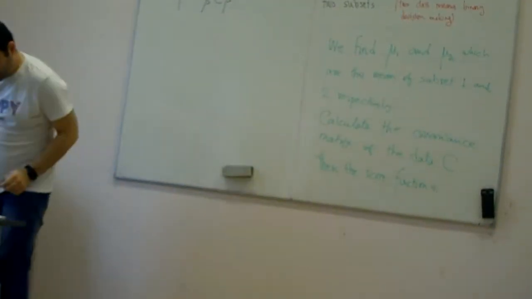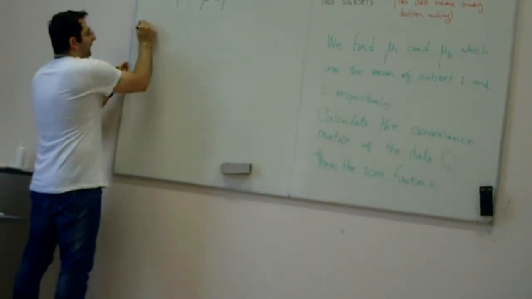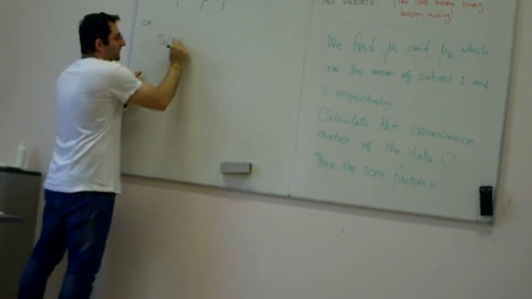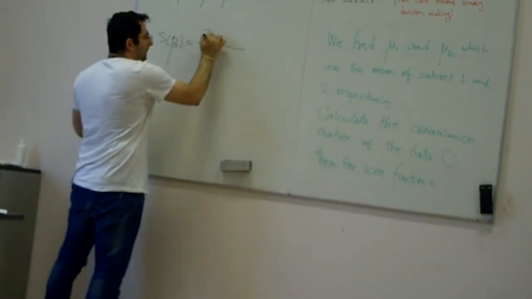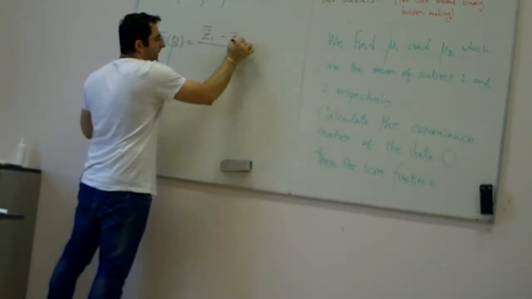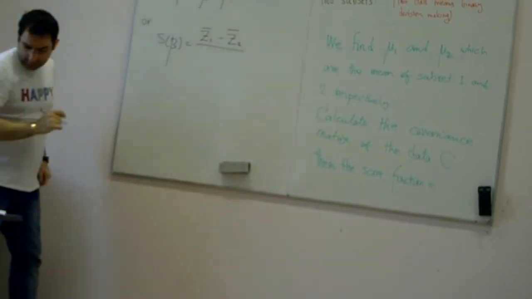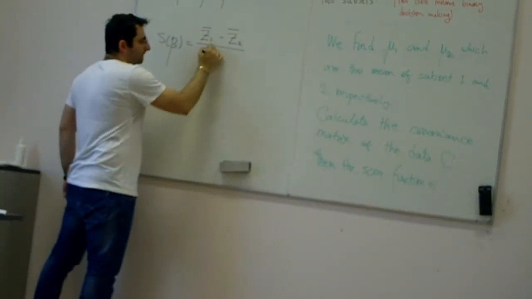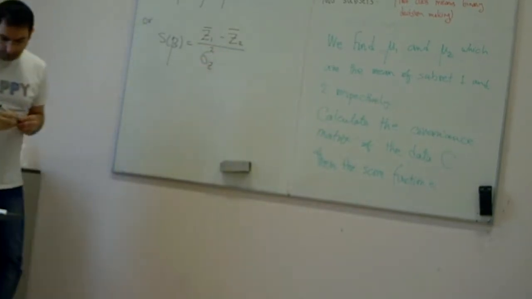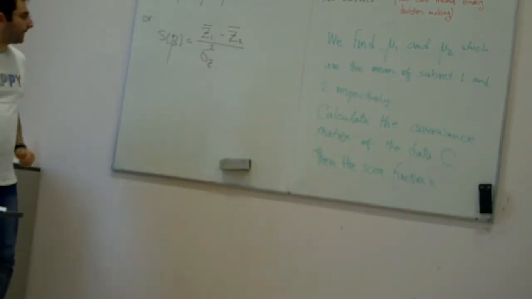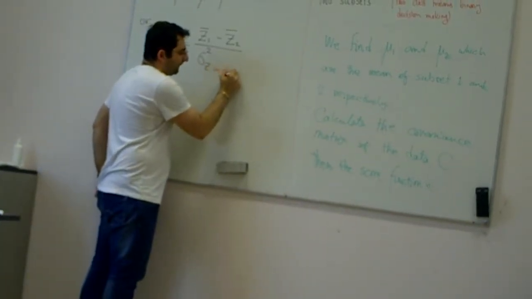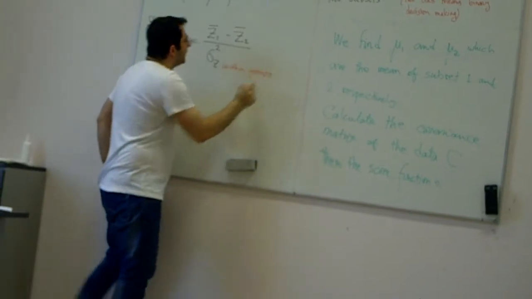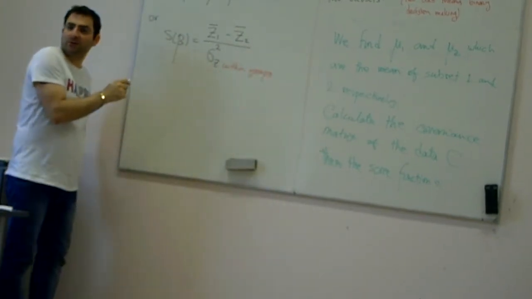In order to calculate this S beta, the mathematicians have said that we can represent it as S beta equal to something divided by something. Now, what is Z? Do you know what Z1 is?